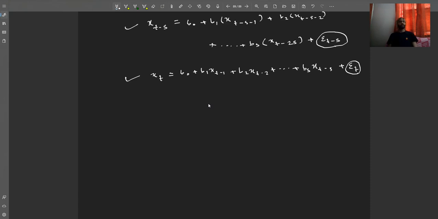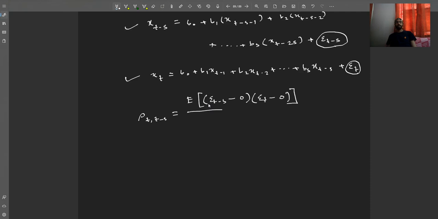How do we do that? Correlation t minus s is equal to the expected value of error t minus s minus expected value of error. Now in a time series, the expected value of error is 0. This expression multiplied by error for t minus expected value of error, which is again 0.